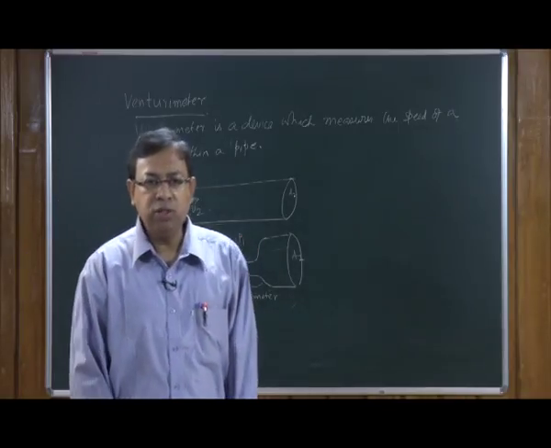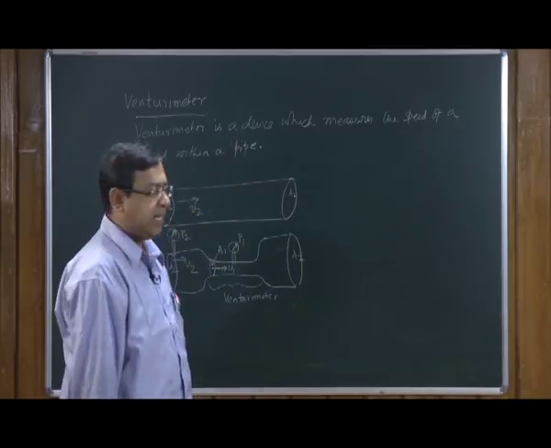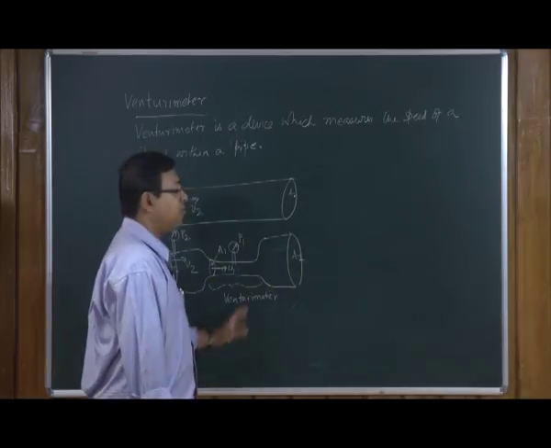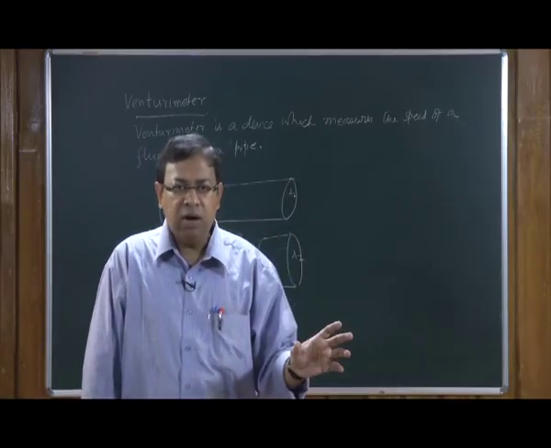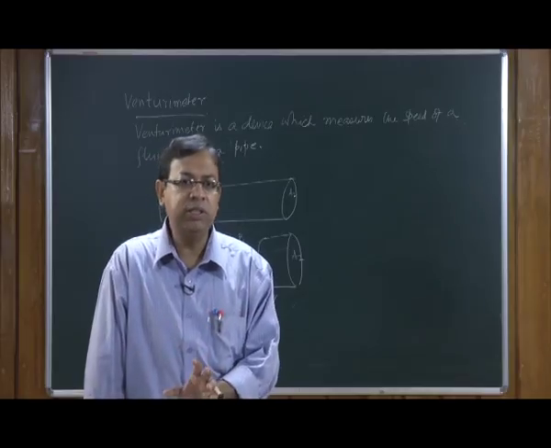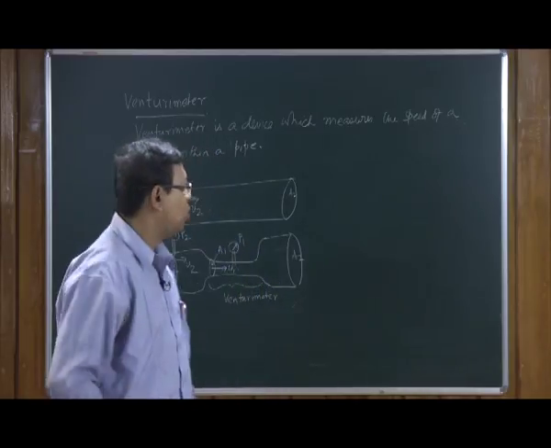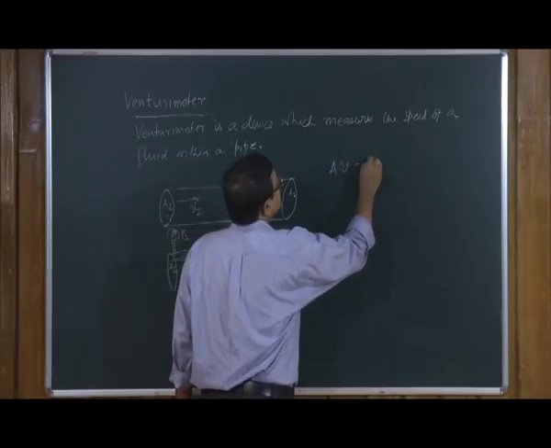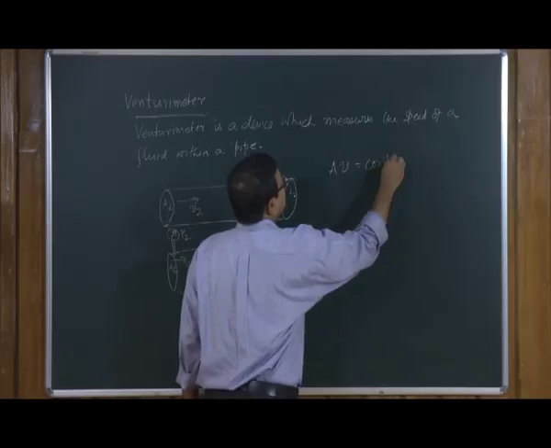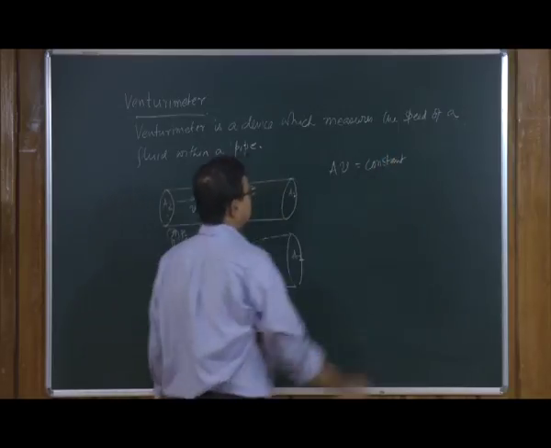Now, the equation of continuity says that the area of cross section times the velocity of the fluid is constant for an incompressible fluid. So, A into V is constant, where A is the area of cross section and V is the velocity.